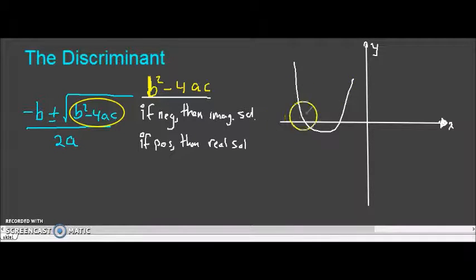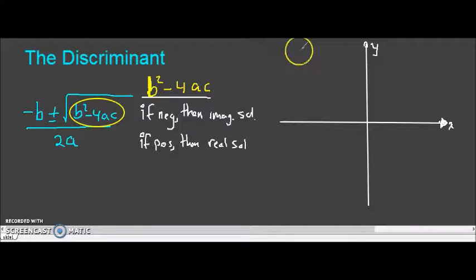So you could have an equation like this and your solutions will be here and here. Or you could have one that goes like this and you have a solution here and here. Or you could even have one that only touches in one place and have only one solution there.